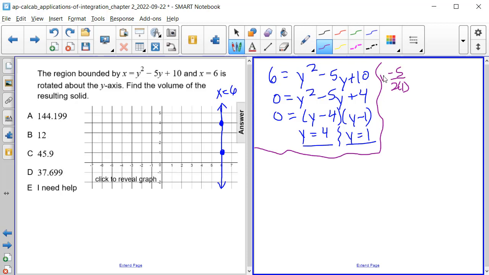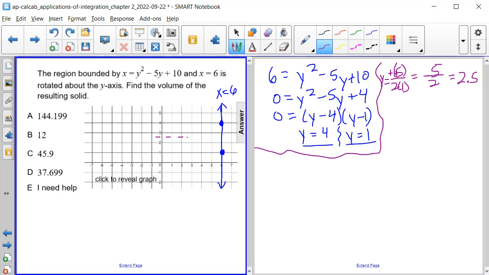And this will be y equals, the axis of symmetry and the y-coordinate of our vertex. So we're going to have negative of negative 5, so that becomes positive. So we have 5 halves as the y-coordinate, or 2.5.